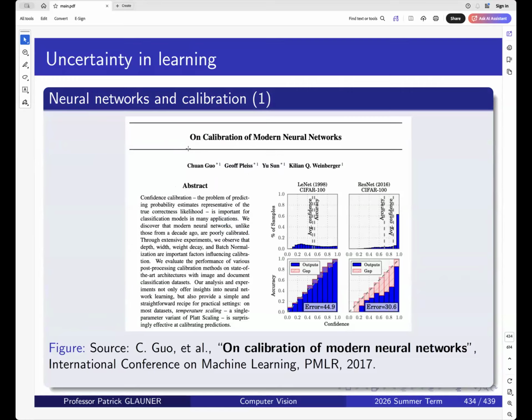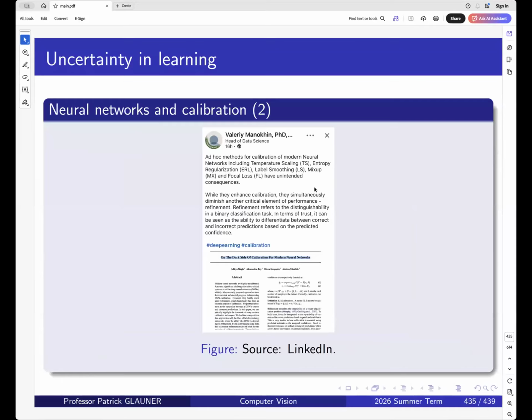Now, you think, well, we could calibrate them with the right algorithms, and then we're happy, but this may lead to new unintended consequences. It's been shown that if we try to calibrate neural networks or certain models, there could be unintended consequences.